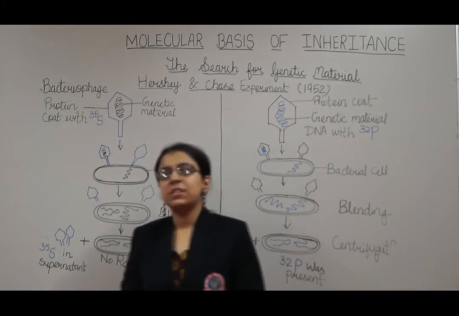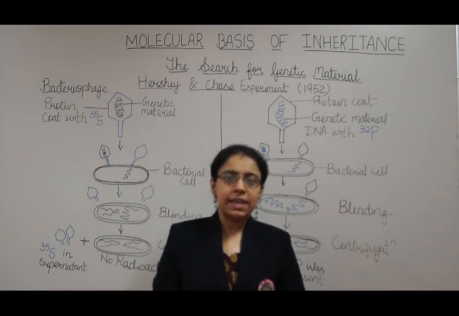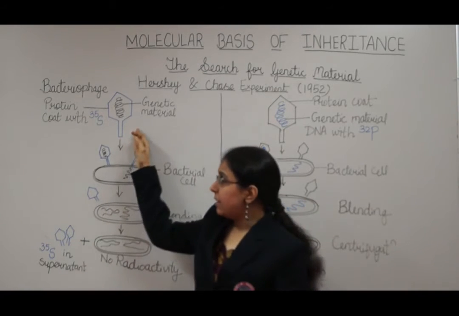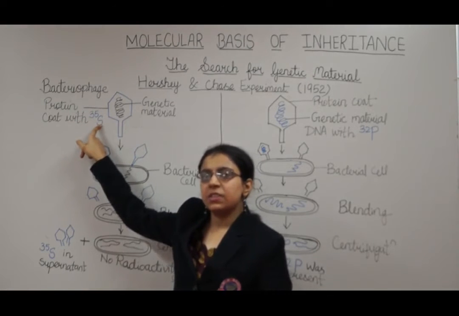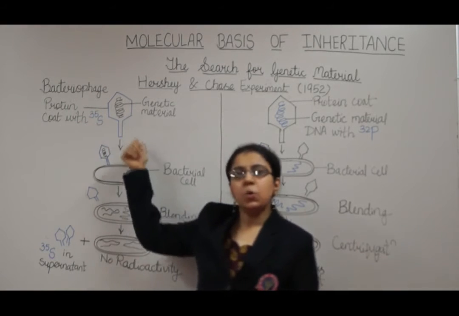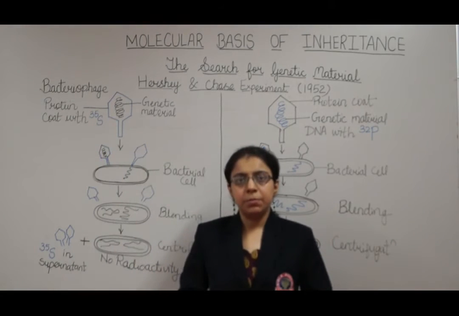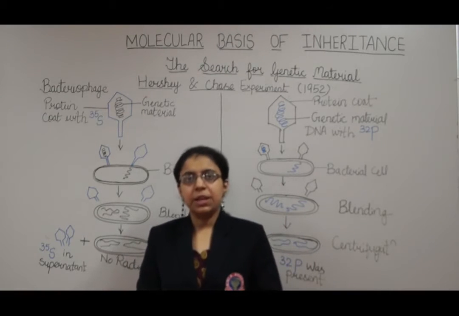So they grew these bacteriophages in two different culture media in the labs. In the first culture medium, they added radioactive sulfur, that is 35S sulfur. The new viruses that will grow in this particular medium, they will show presence of radioactive sulfur in their protein coats.